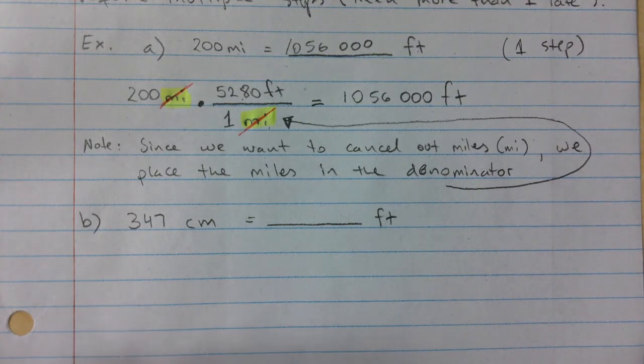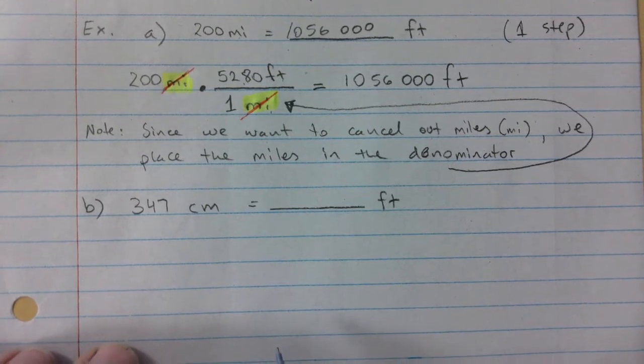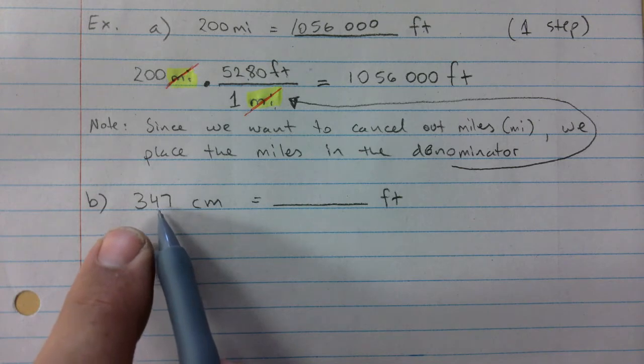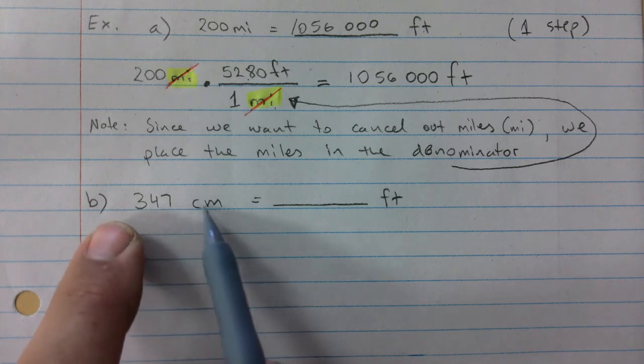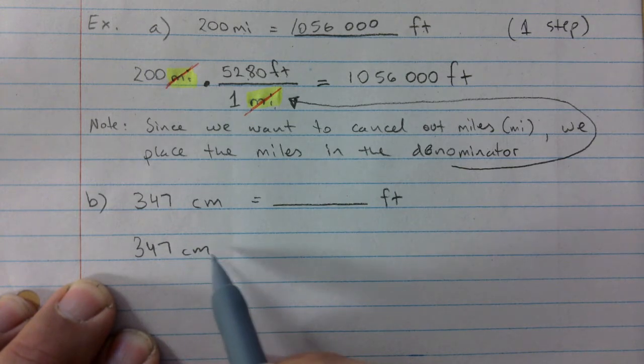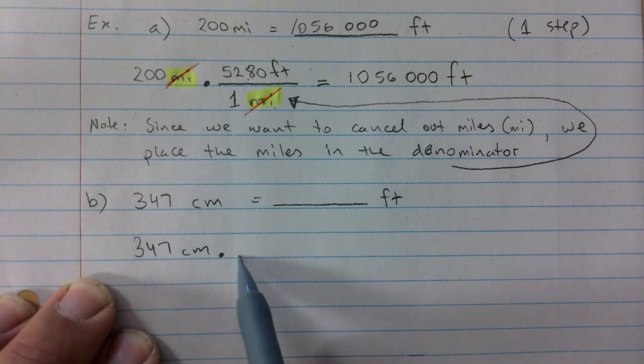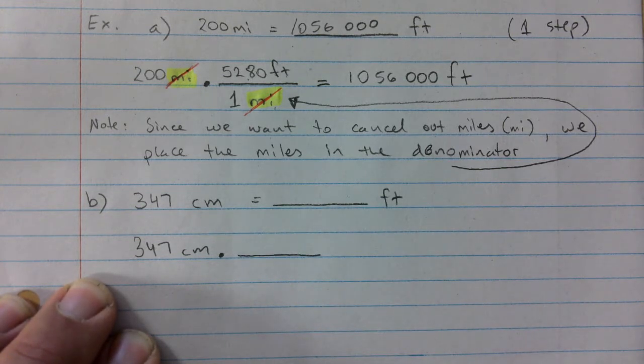Okay, so we would have to tackle this differently, but the steps remain the same. You start with 347 centimeters. Make sure you write down the units, and remember it's just centimeters, nothing else. Because down the road you might have two different units to start with, so you need to worry about both of them.